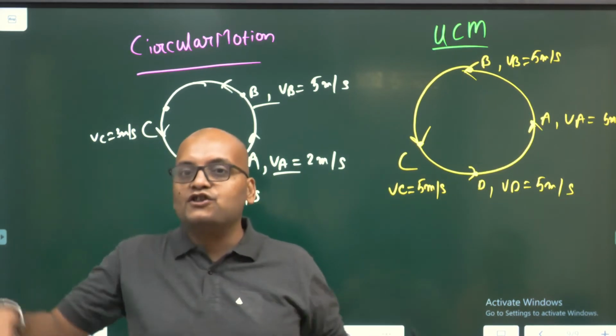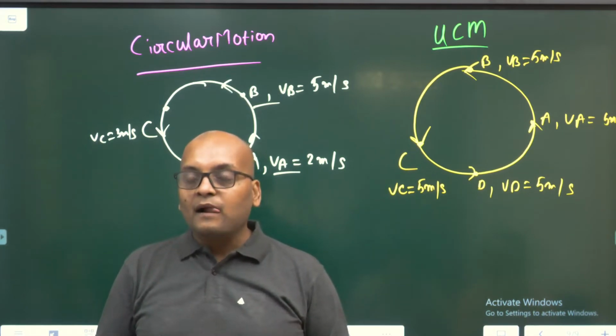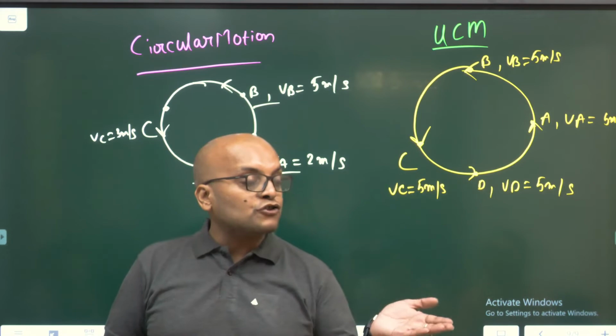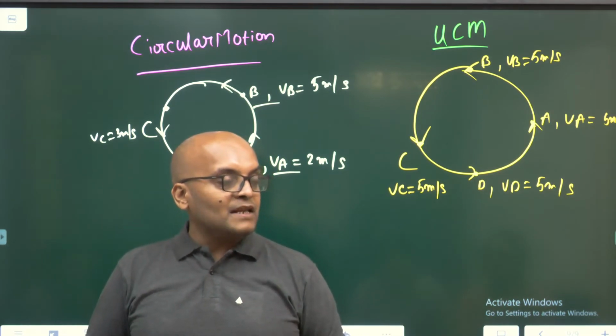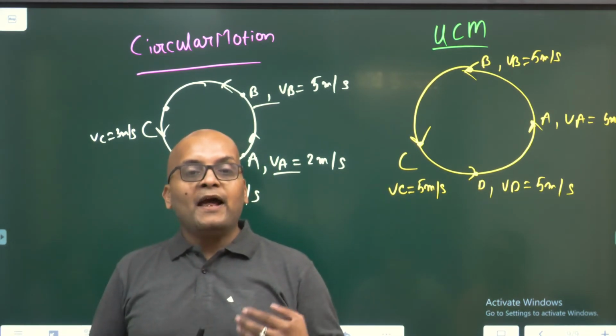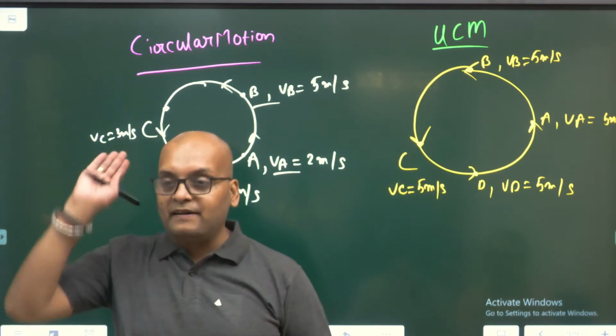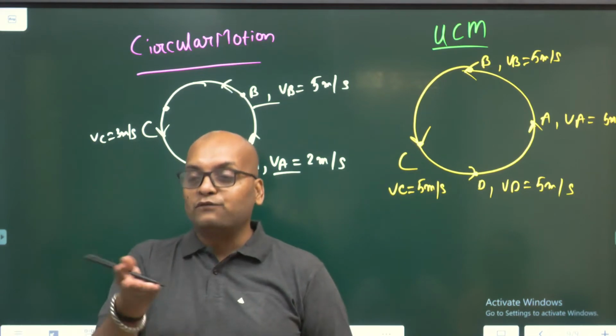But if you consider in general, it is UCM. Why? Because if it were not UCM, if the velocity of Earth changed, then sometimes a year would be 300 days, another time 400 days, some other year 350 days.